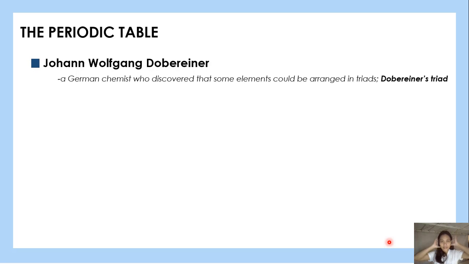The first one who attempted was Johann Wolfgang Döbereiner. He is a German chemist who discovered that some elements could be arranged in triads. That is why his proposal is Döbereiner's triads. That is the first attempt.